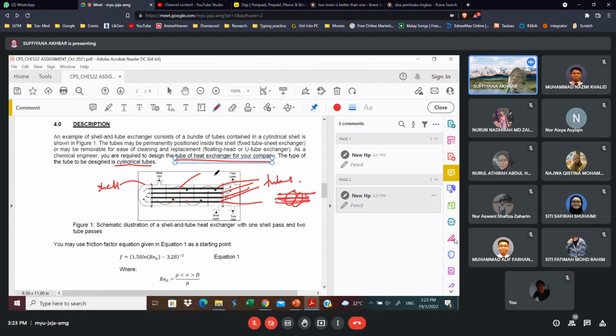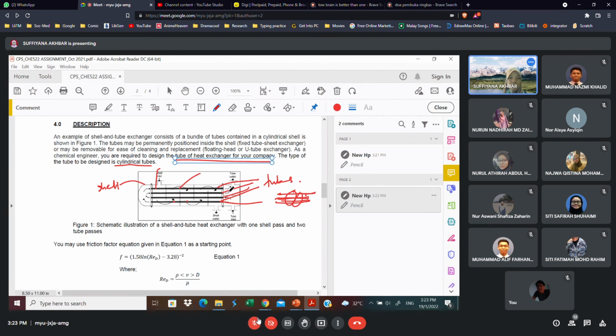Okay, so maybe dia dah build up phlegm tu jadi dah tak efficient, so kita boleh replace, maksudnya kita boleh tanggal ni, kita masuk another. Jaranglah shell ni kita buang kecuali dia dah leaking, biasa leaking lah.